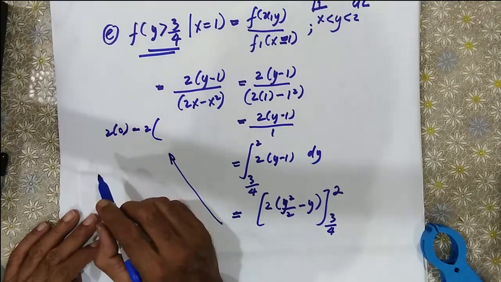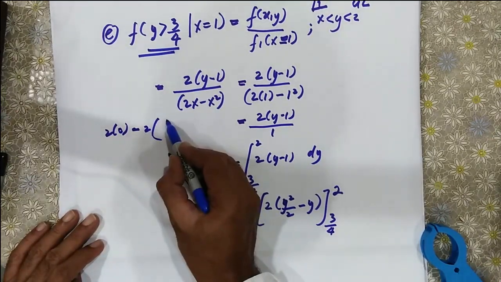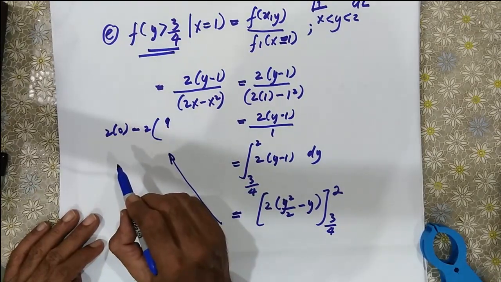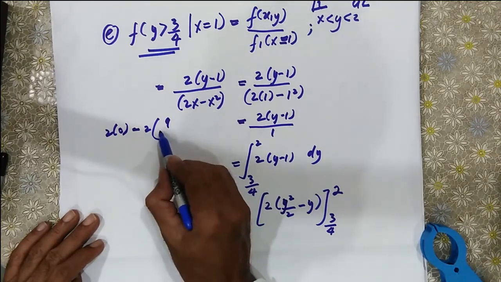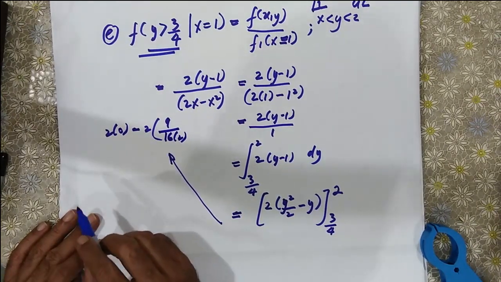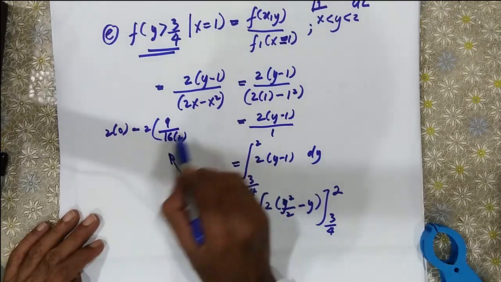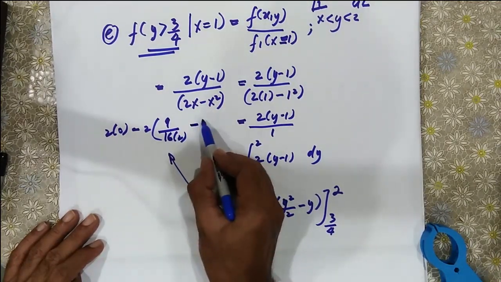Then minus, for 3 over 4, 3 over 4 squared is 9 over 16, minus 3 over 4.